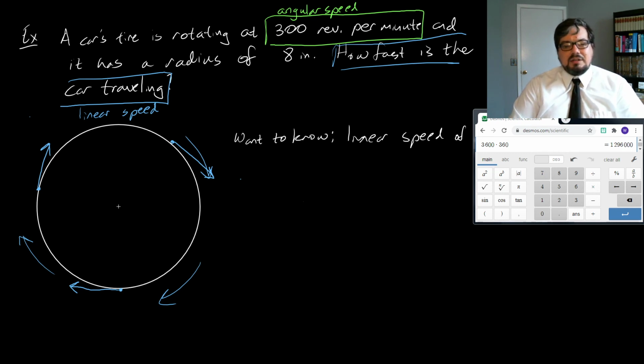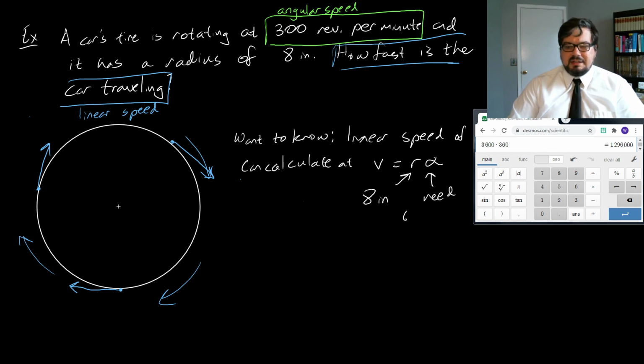Now we can calculate that as the linear speed v is equal to r times alpha, the angular speed. Now r, we know this. We know that r is 8 inches.